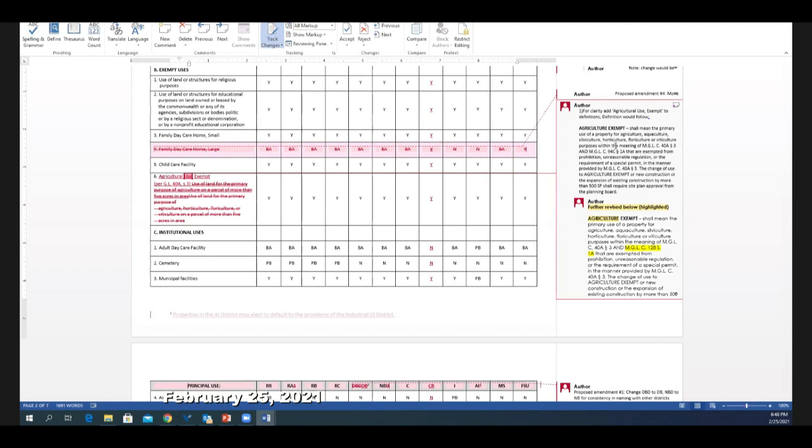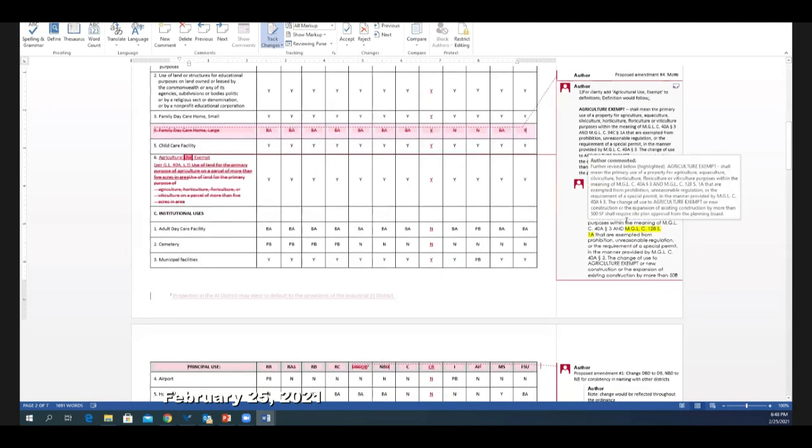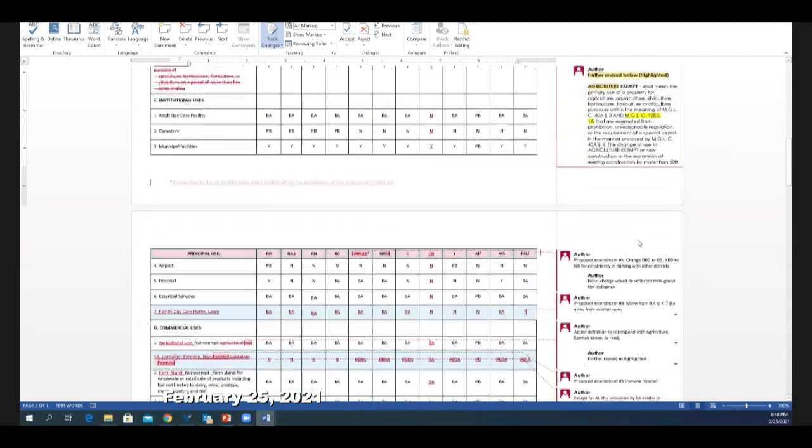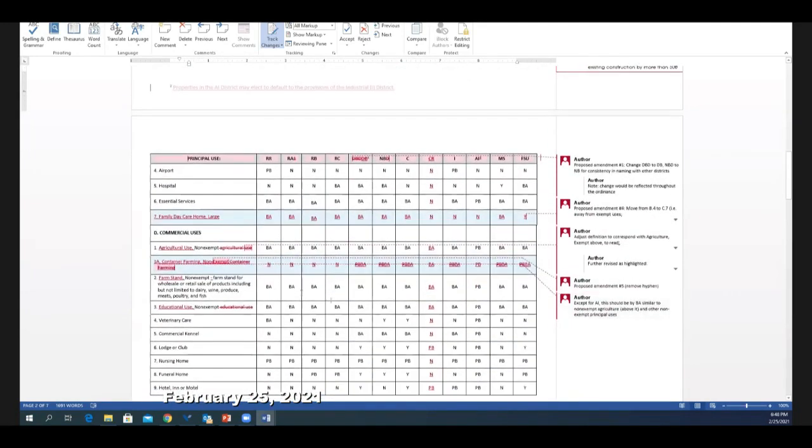One thing that was sort of an unintended consequence of our meeting is we took a definition of agriculture exempt that was set out in Mass General Law, and we started to change the definition on the fly. If you recall, we talked about, should there be horses? What do we do with poultry? This, that, and the other thing. We have no bearing on changing the definition of what exempt agriculture is per Mass General Law. So the suggestion from our city solicitor and our building commissioner would be to have two separate definitions: agriculture exempt, and further down, agriculture use non-exempt.